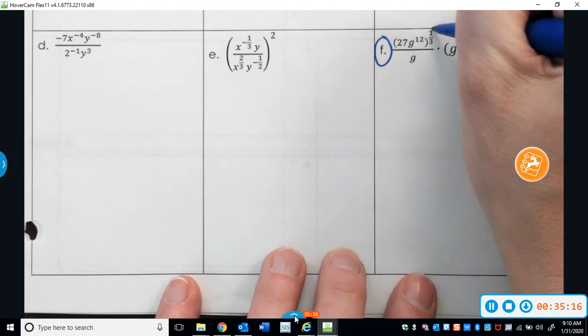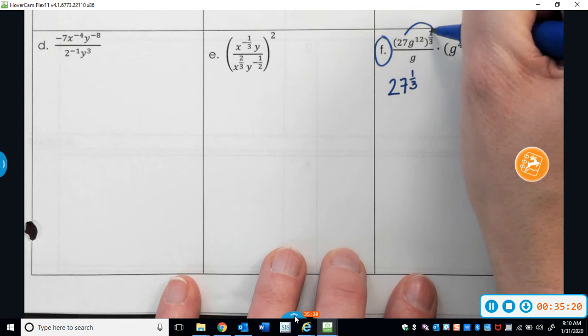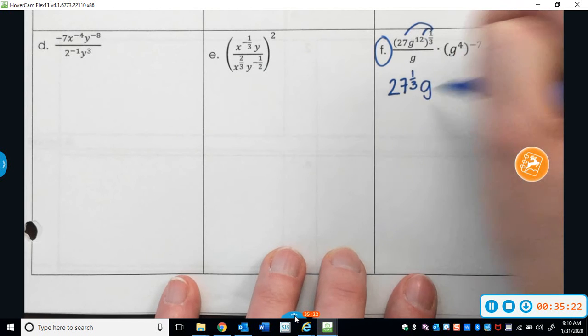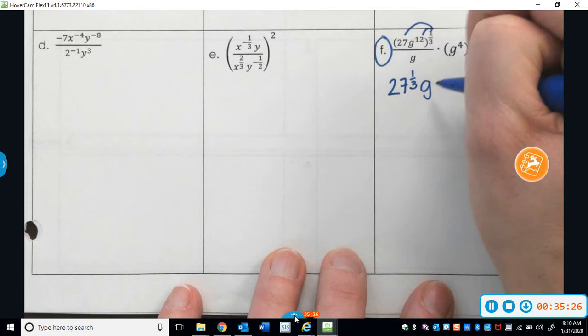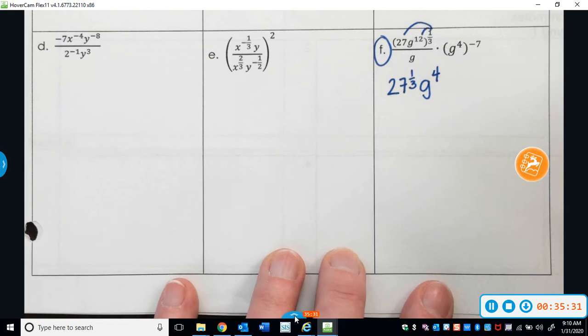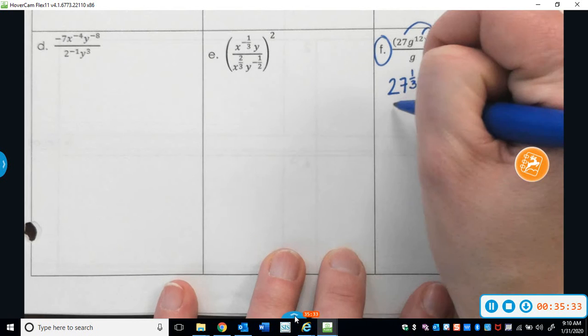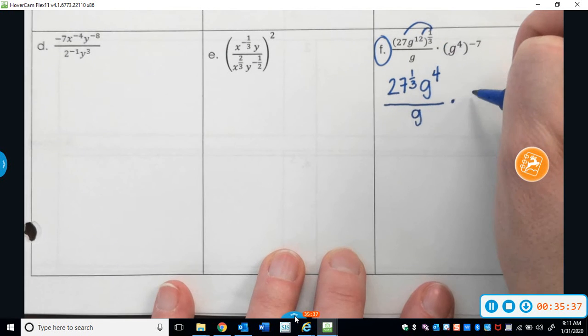So I'm going to give the 27 an exponent of 1/3. And then 1/3 times 12. What will be the new exponent for g? Yeah, so 12 times 1/3 would be 4. 12 times 1 is 12, and then divided by 3 is where that 4 is coming from. So the idea is if you treat it like a puzzle and do little pieces at a time, it'll slowly get simpler and simpler.